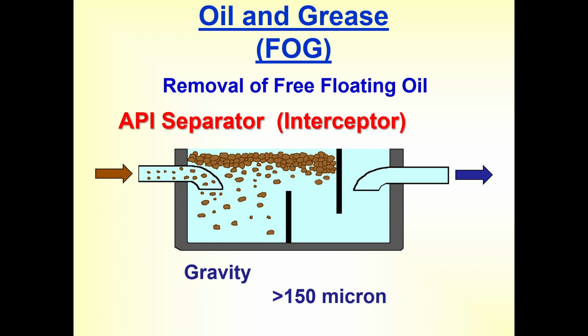This is a gravity separation device using Stokes law. Here the rise velocity is determined based on the density and also the size. The design is also based on the specific gravity difference between the oil and the wastewater, because this difference is much smaller than the specific gravity difference between the suspended solids and water.